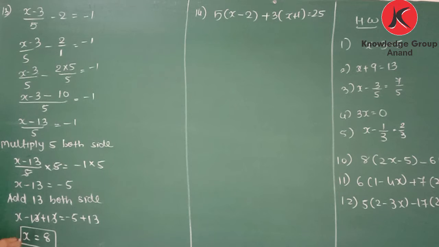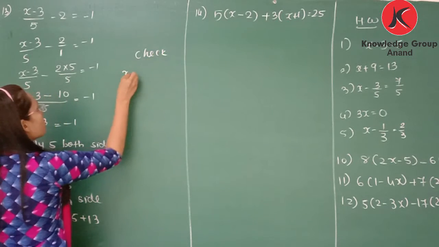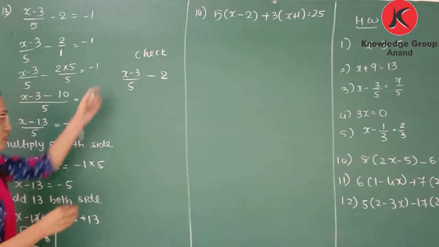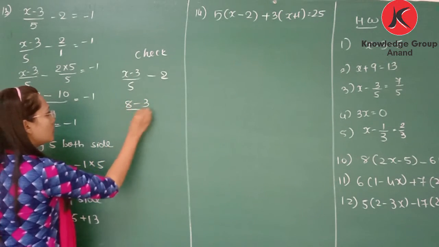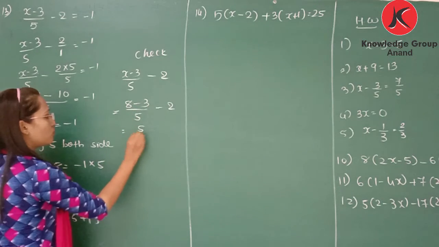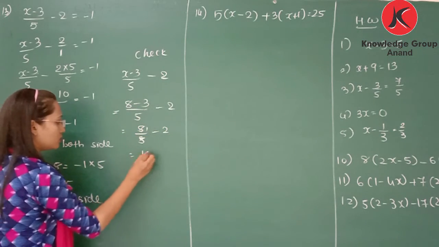You can check your answer by writing 8 here. So let's check. We have (x minus 3) by 5 minus 2. Write 8 here, so we have (8 minus 3) by 5 minus 2. 8 minus 3 is 5, divided by 5 minus 2. 5 divided by 5 is 1.